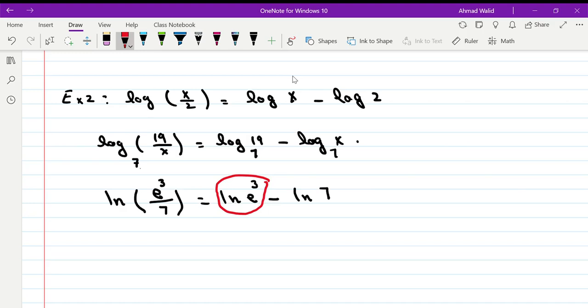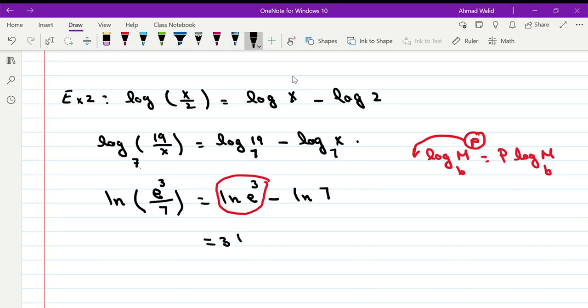I just explained to you that if you have log of m to the power of p base b, when you write it in expanded form, you bring this exponent to the front of log. It means you write p log of m base b. It means here, if you want to apply that rule, this one will be 3 ln e minus ln 7.